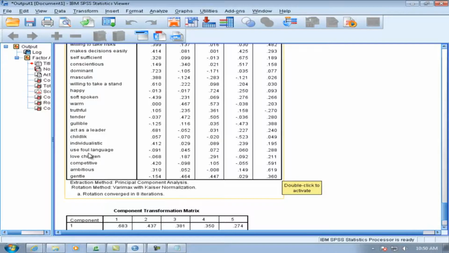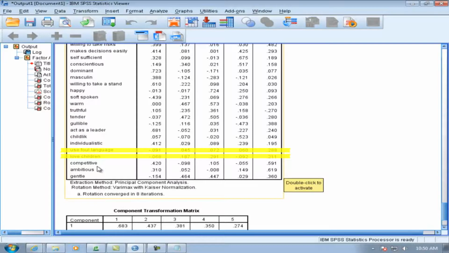Use foul language, that's bad words. It doesn't load on anything. Love children. Oh, wow. Doesn't load on anything.